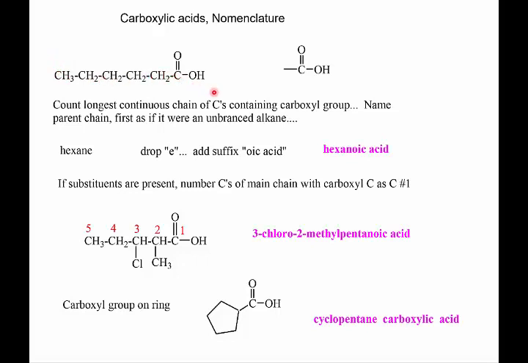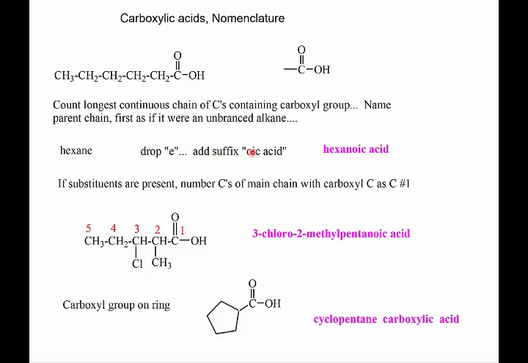All right, for a starting name, you write the name of the corresponding unbranched alkane with the same number of carbons, and that would be hexane. The next step is to drop the E and add a special suffix, namely oic acid.